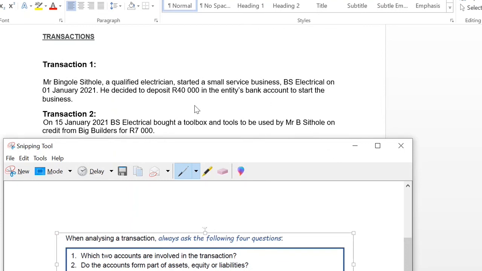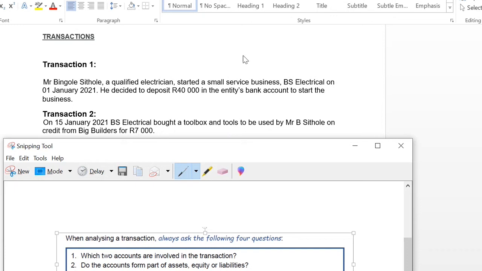Remember, when you look at the transaction, who am I in the transaction? You are the bookkeeper or the accountant of BS Electrical. What did we buy as BS Electrical? We bought a toolbox. What is a toolbox to BS Electrical? That is equipment, toolbox equipment. And did we buy this cash or credit?